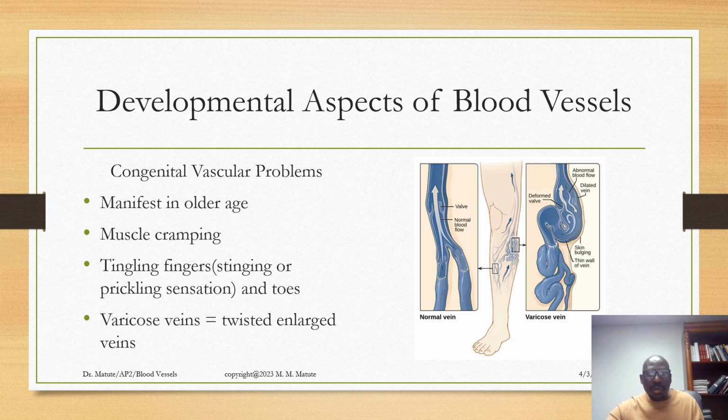Here are some problems that may be associated with blood vessels. We have congenital vascular problems. These are problems that you are born with, but for the most part they do not manifest until you get older.